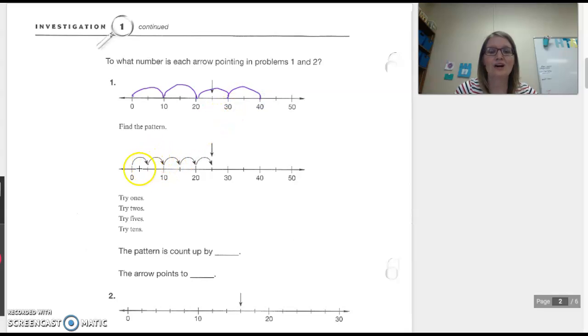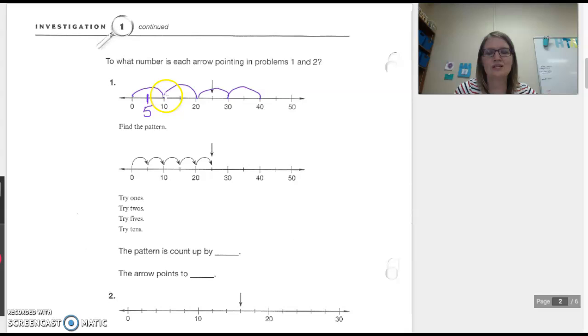But if we go in between tens, we couldn't say 1, 2, 3, 4, 5, 6, 7, 8, 9, 10. No. So halfway between 0 and 10, this little guy, is going to be 5.